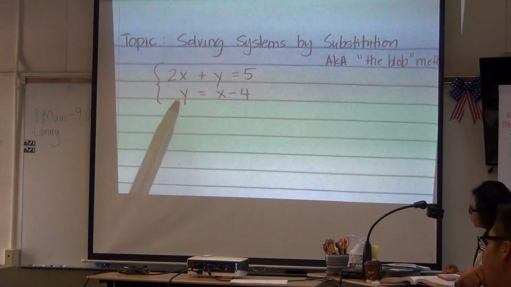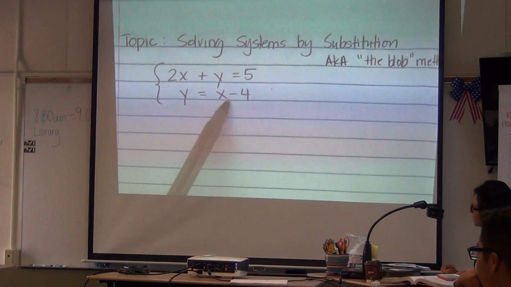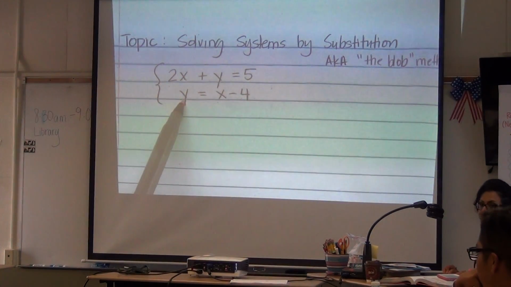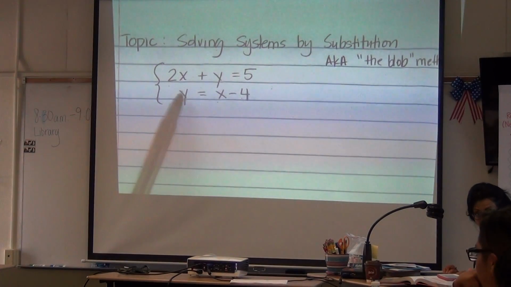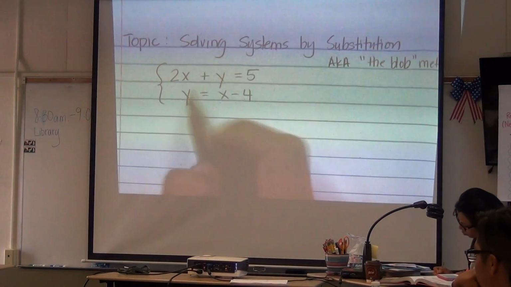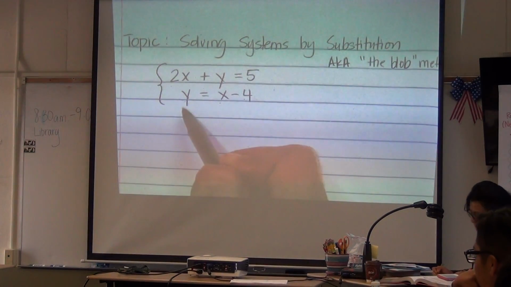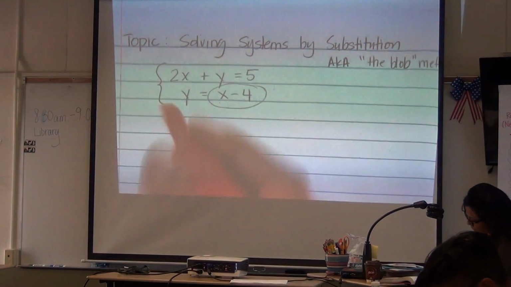For example, this one says y equals x minus 4. Y is already isolated, so this equation is the one that I'm going to substitute. Also, when you find the one that is isolated, go ahead and circle this. That's your blob.